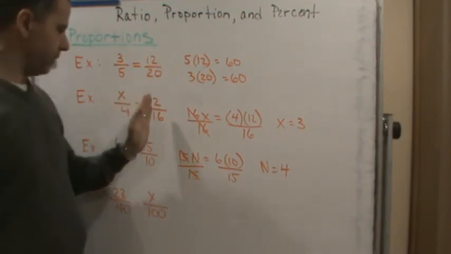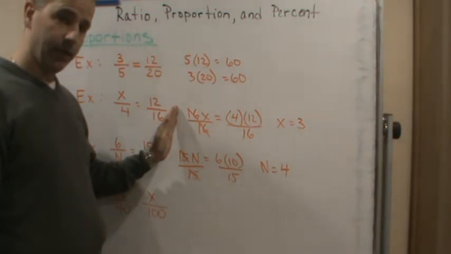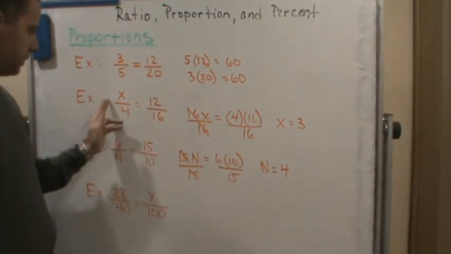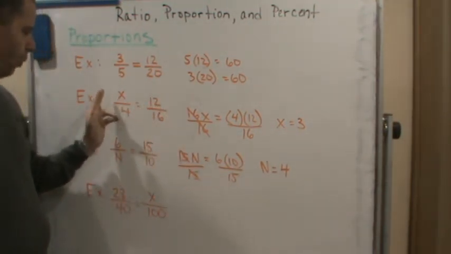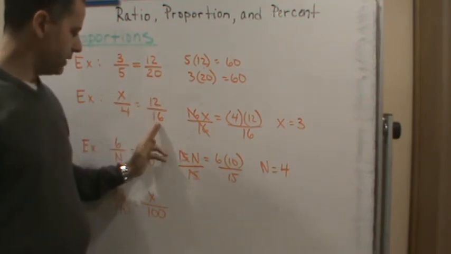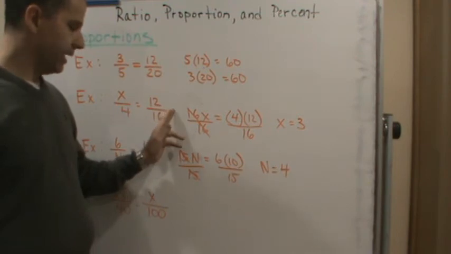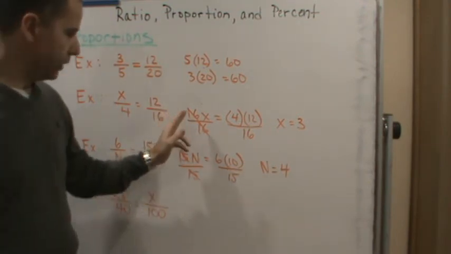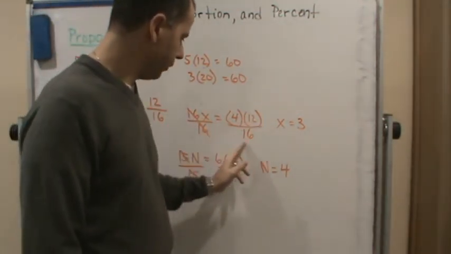But then I also have to multiply the other side by 4. So by multiplying both sides by 4, I get 1x over here, and I get 12 divided by 16 times 4, which is exactly what I got over here.